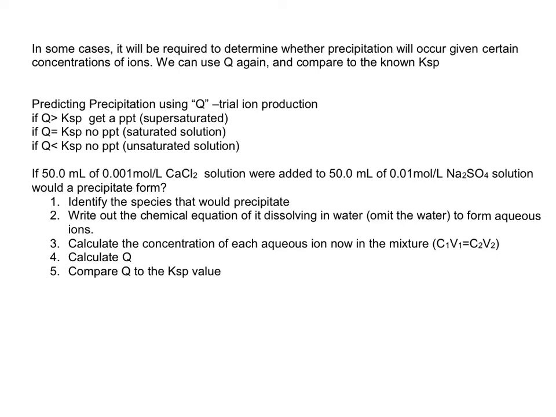You figure out what the concentration of each ion is now, using the dilution, because we've mixed two volumes, we have a new total volume. So it's like we've done a dilution. We calculate our Q, and then we compare our Q to the KSP. So let's do this problem together.